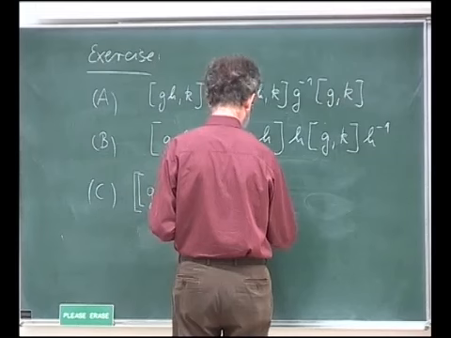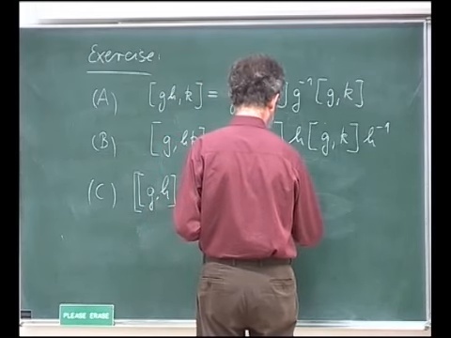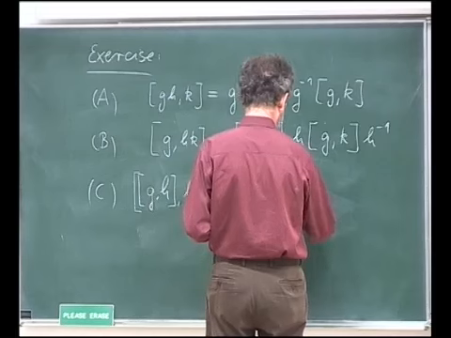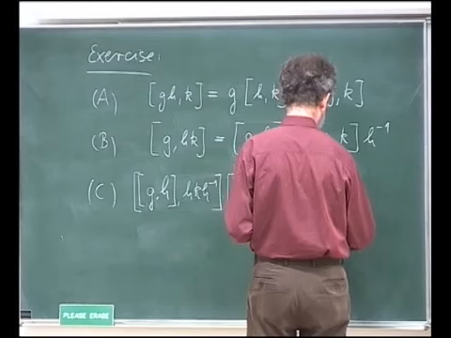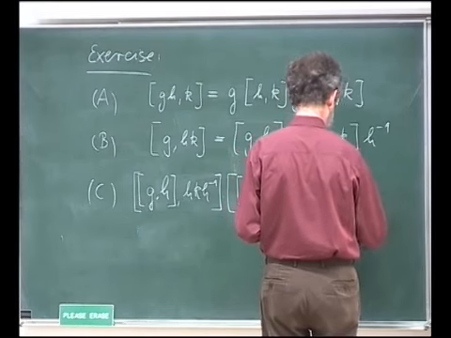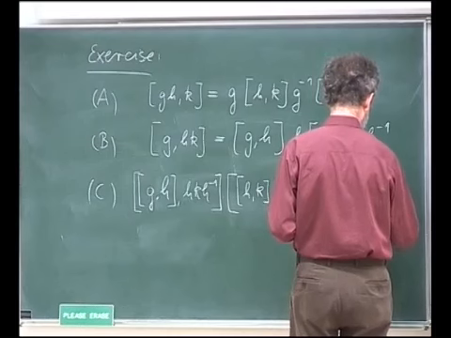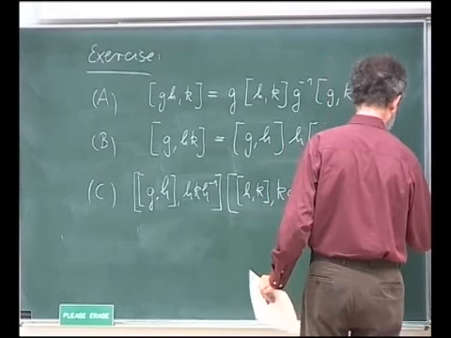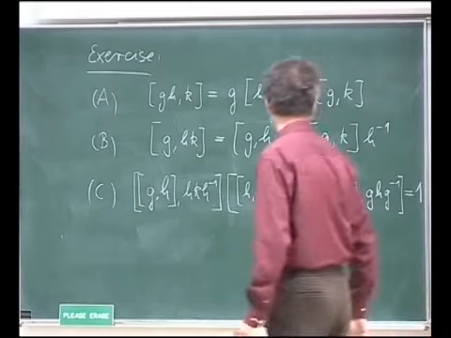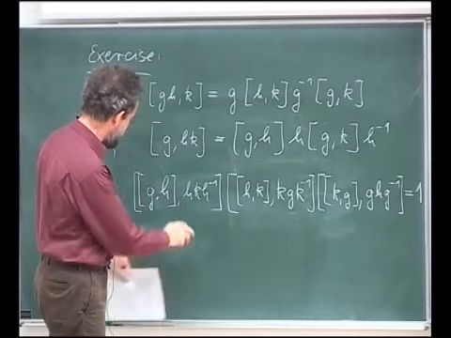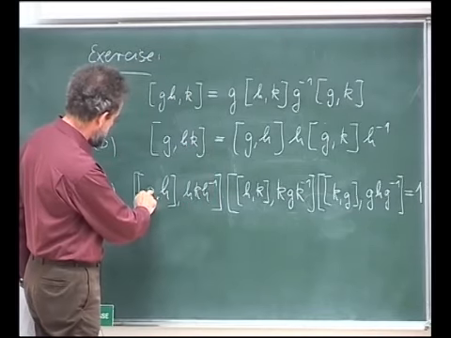So [[G, H^{-1}], K]^H times [[H, K^{-1}], G]^K times [[K, G^{-1}], H]^G.